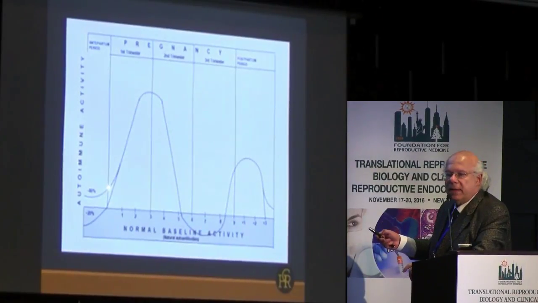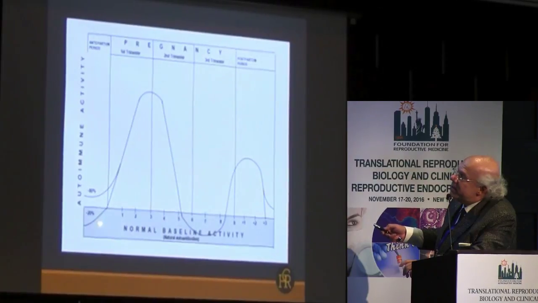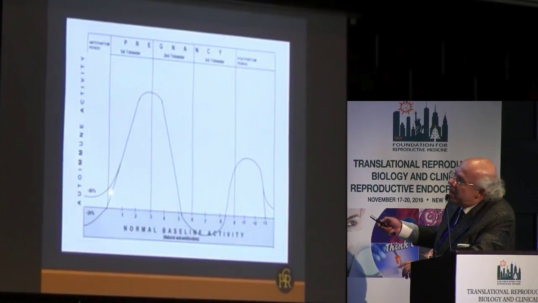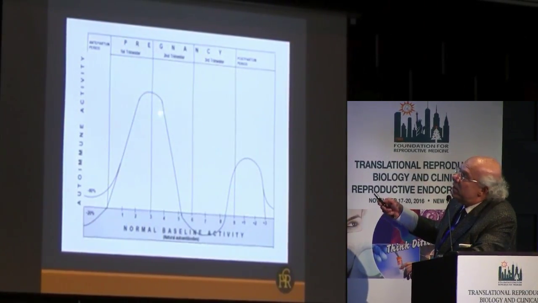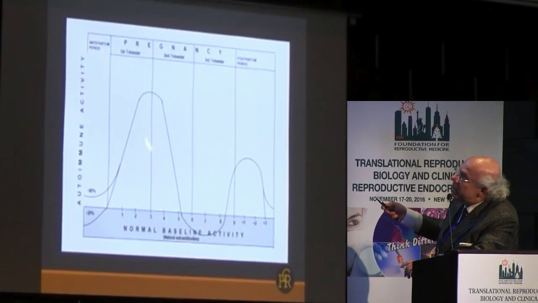But 20% were completely normal at that point. But both groups, as you see, shortly after implantation, started flaring their autoimmune abnormalities, at which time we started treating.